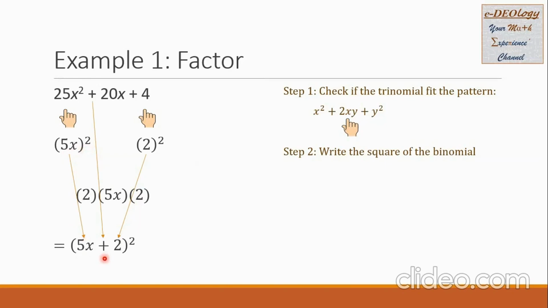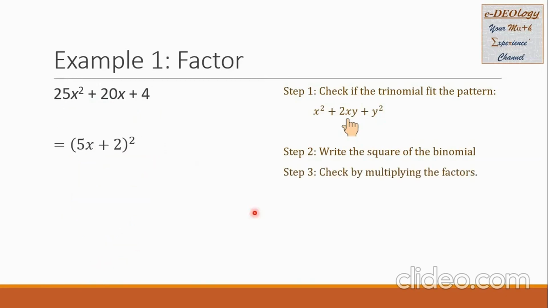This positive sign comes from the sign of the middle term, and the number 2, and this number 2 is the base of the third term. And then we will not forget the square outside. So this is our answer, the square of 5x plus 2.